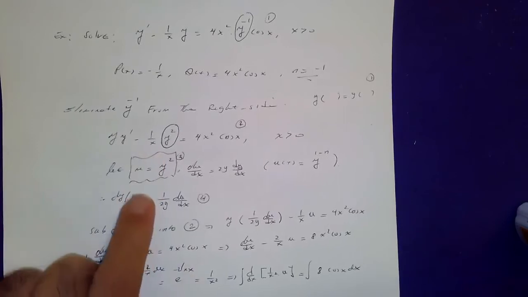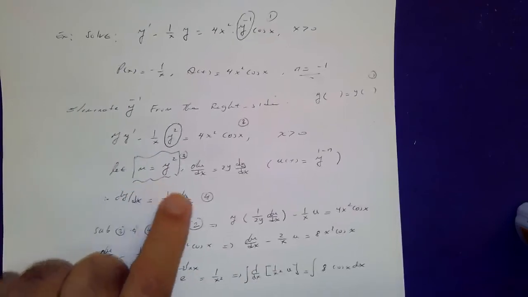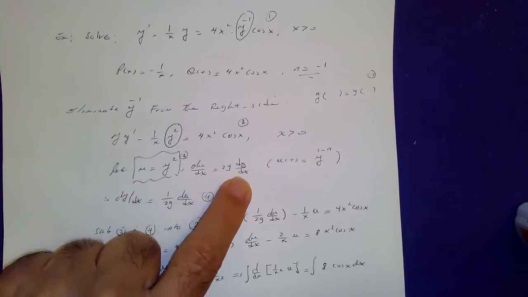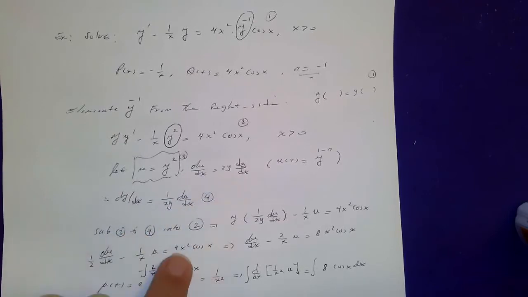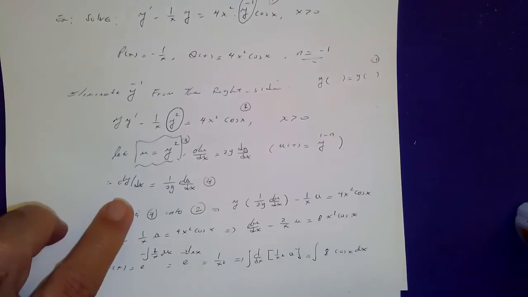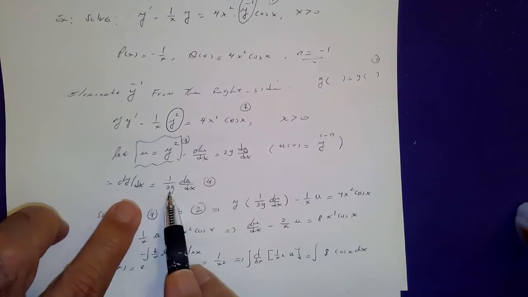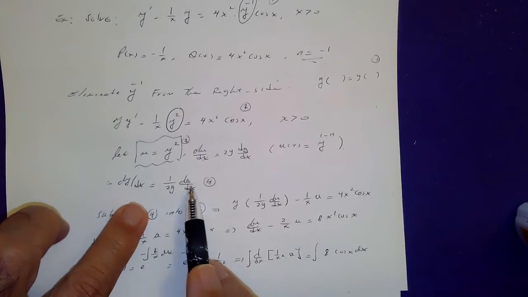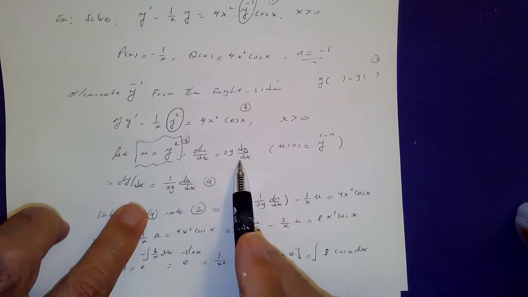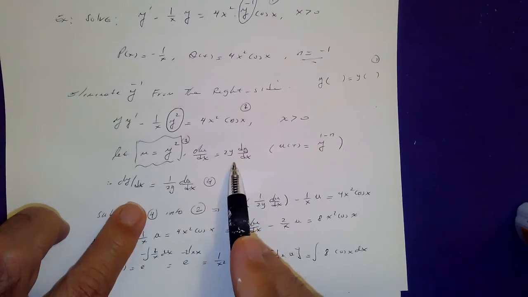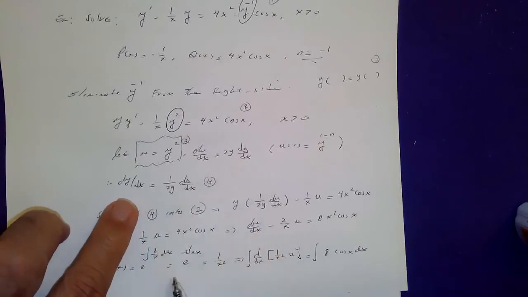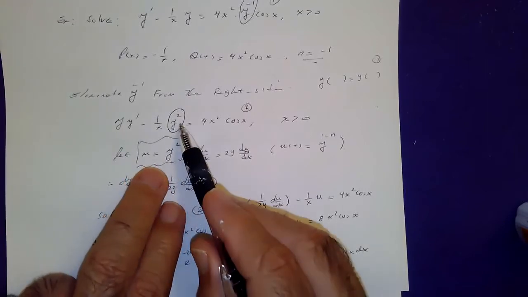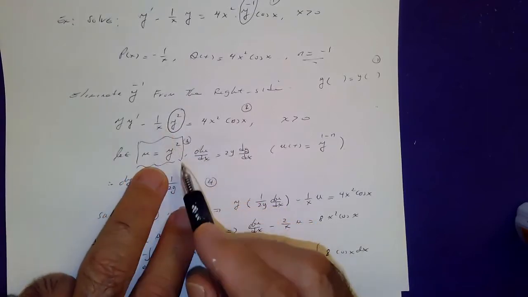Do you see it? If u is y squared, then du dx is 2y dy dx. So dy dx is 1 over 2y du dx, if you solve this equation for dy dx.